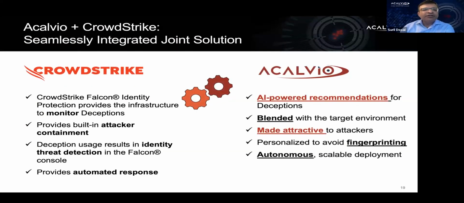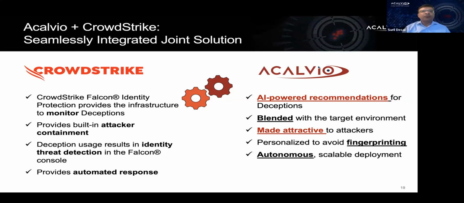So the Acalvio integration with CrowdStrike is a seamlessly integrated joint solution. As part of this solution, CrowdStrike Identity Protection provides a set of important capabilities. CrowdStrike Identity Protection provides an infrastructure to monitor the Honey accounts and Honeytokens. CrowdStrike also provides the ability to perform built-in containment of the attacker.